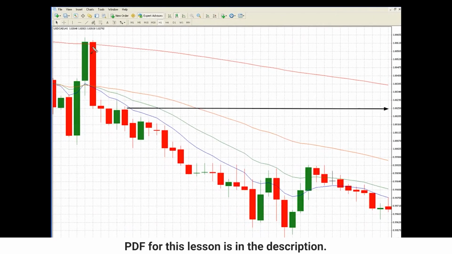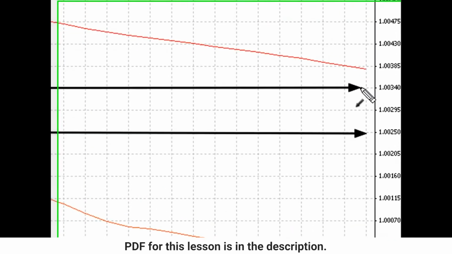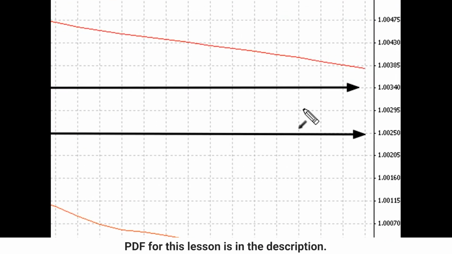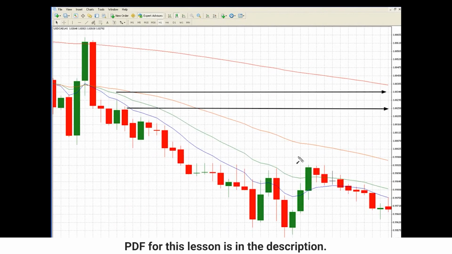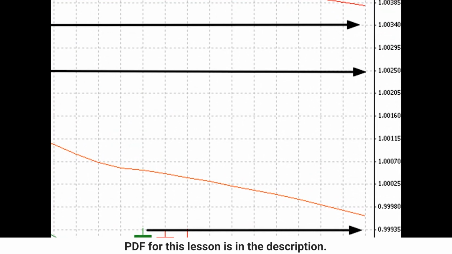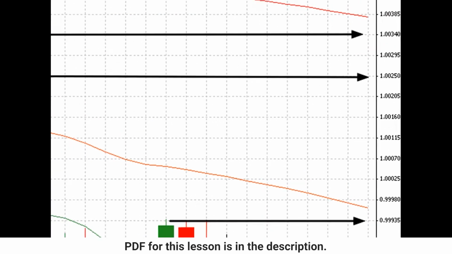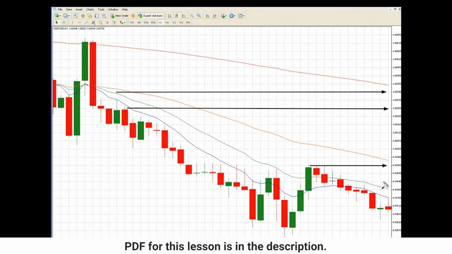Let's say your stop was above here at 1.0034, and let's say you exited, when this high was broken here, at this price right here at 0.9993. So let's put these numbers into the calculator and see what risk reward we get.